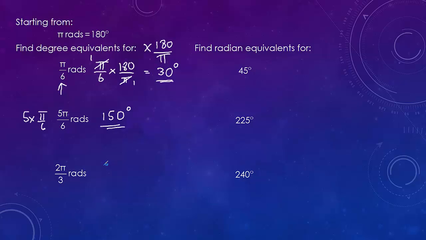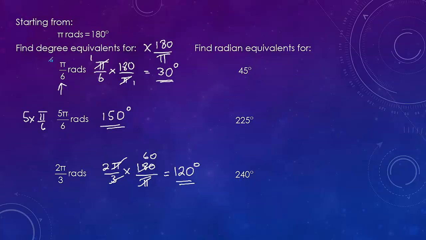So 2 pi by 3, I'm going to multiply that by 180 over pi. My pi's will cancel. 180 divided by 3 is 60, so I'm left with 2 times 60, giving me 120 degrees.